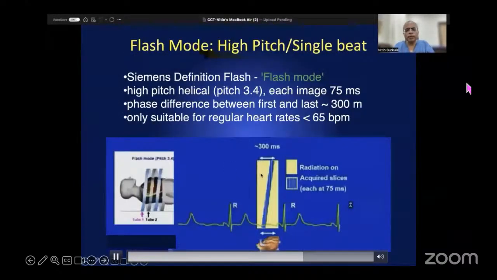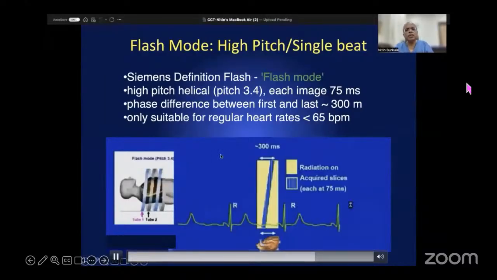So putting it together, this is the time window when the radiation is on and you have a very fast motion of the tube, and also a simultaneous dual source rotation of the gantry, and you create an image from both the spiral movement of the X-ray tube and its detectors, and the distance between the first and the last image is around 300 milliseconds.